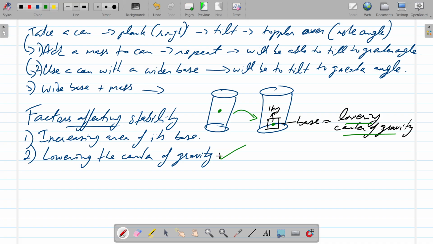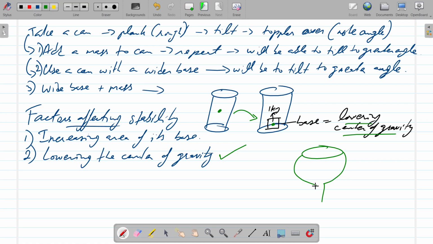and that would make it more stable. And so you notice objects that have wide bases, like table lamps, like glasses that have wide bases, especially wine glasses. They have a thin stem, and even though they're wide in the glass part where you pour in the liquid, you can see that their bases are also wide.